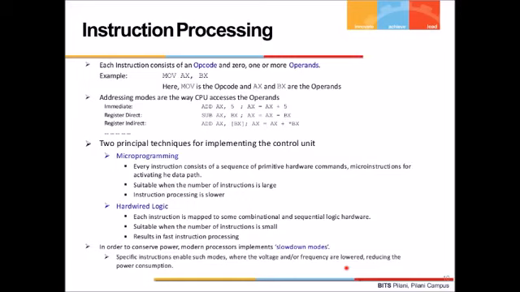So wherever some part of the CPU is not being used properly, there is no point in keeping it on all the time. You reduce the voltage and the frequency, and some functionality of the processor may not work, but if that is not required at that particular time, why unnecessarily waste the power? So modern processors have a mode called slowdown mode as well.